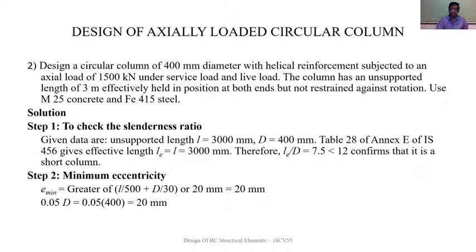And the spiral becomes fully effective after spalling of the concrete cover over the spiral due to excessive deformation. Hence, the above two points should be considered in the design of columns with helical reinforcement. The first point is the enhanced load carrying capacity taken into account, that is the factor of 1.05.